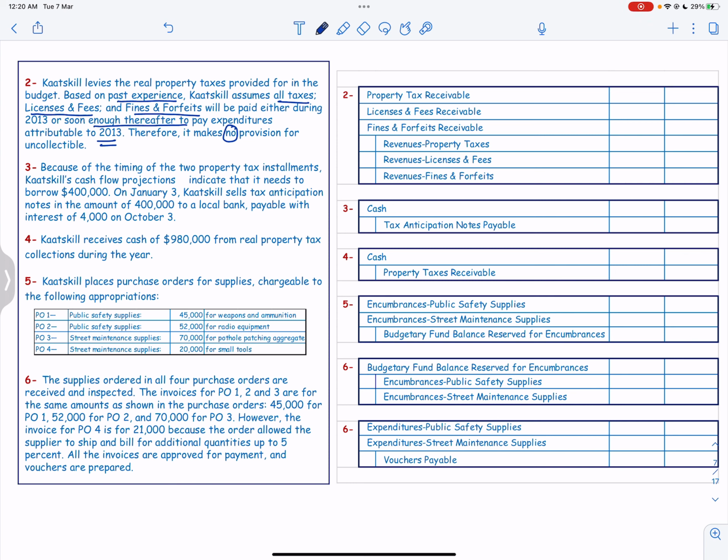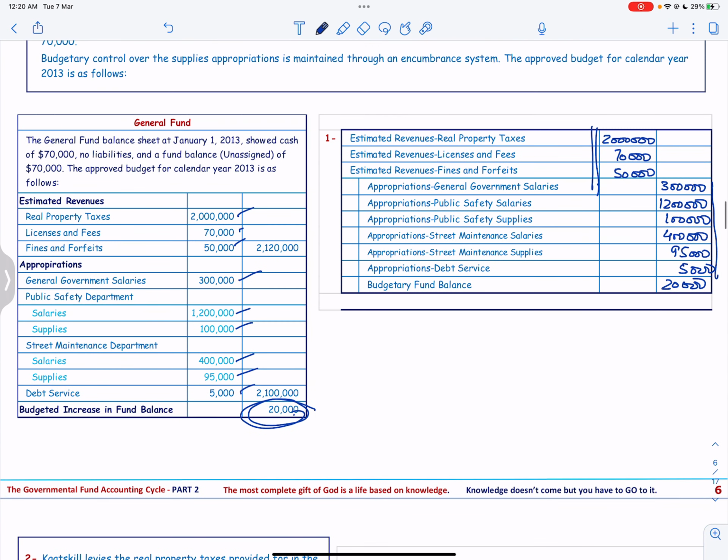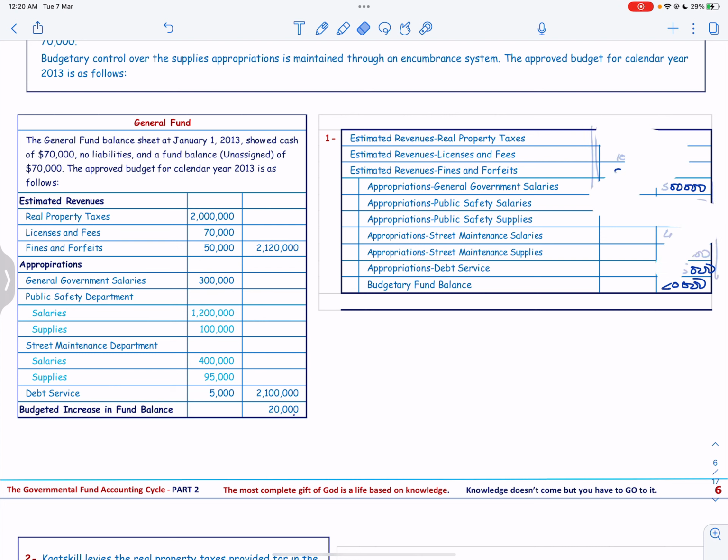The journal entry will be property taxes receivable 2 million, licenses and fees receivable 70, and fines and forfeits receivable 50.